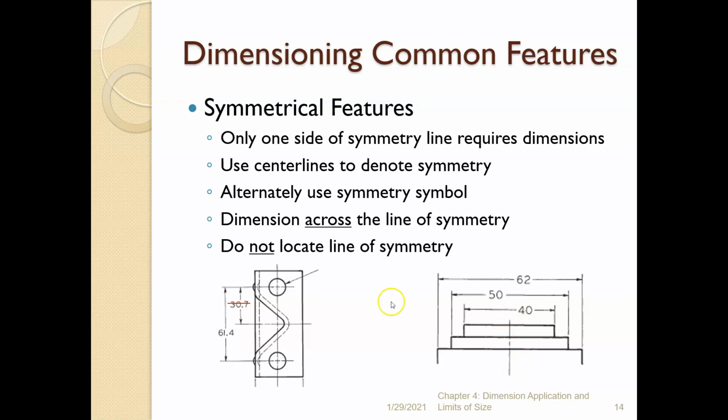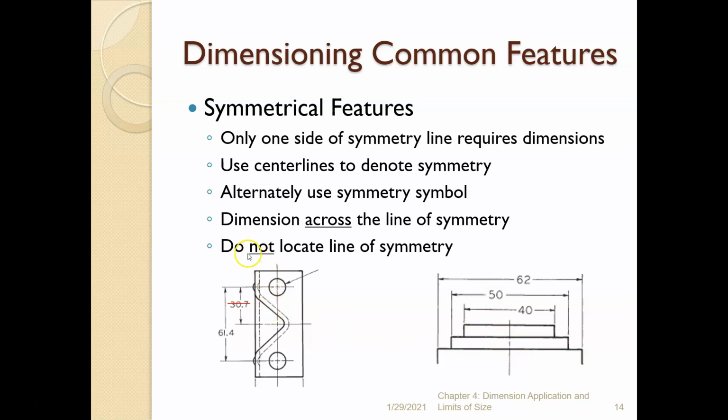We want to dimension across the line of symmetry. So this 40 and the 50 and the 62, because they go across the line of symmetry, that means that the distance from the center to this outer edge is 20, because it's the line of symmetry. That's the center line. Same with the 50. It would be 25 from here to here.